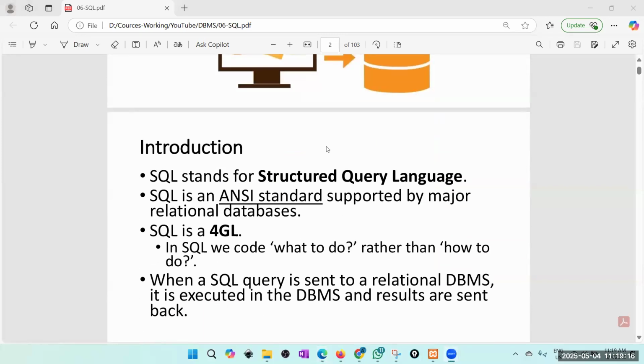Right, SQL. So SQL stands for Structured Query Language, and SQL is the standard language that we use, either humans or applications, to communicate with the database. So we can do almost all the things that we need to do with a database using SQL, right?